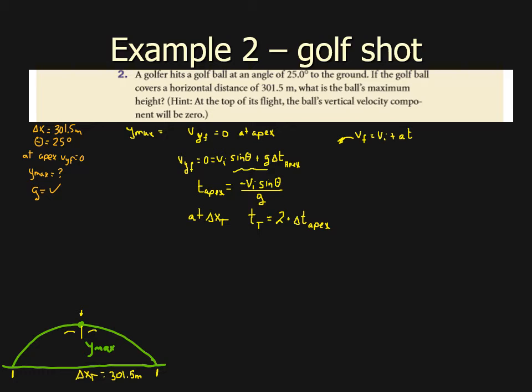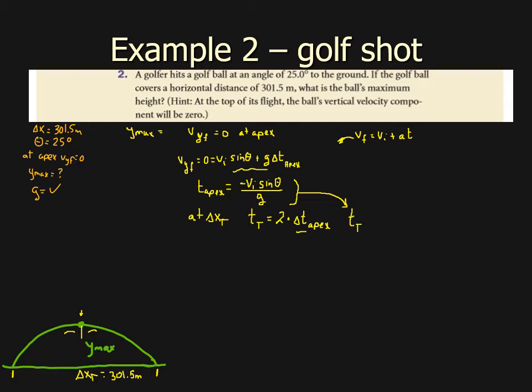Okay, so what I can actually do then is, because time apex is down here and I have an arrangement of it right here, I can make a substitution. So I'm going to take that, substitute it in for the apex time, and this is what I get.